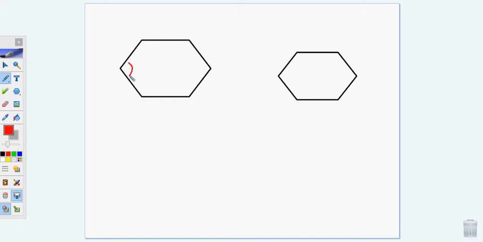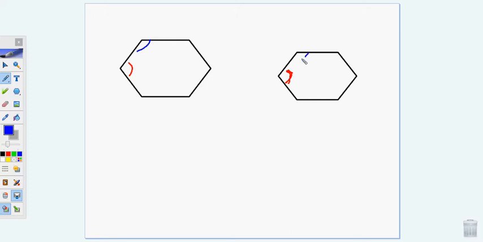So this angle has to be congruent to this angle. And I want to make clear, when I say all angles have to be congruent, I don't mean that all of the angles in one figure have to be congruent. I mean all of the angles that correspond in the other figure are congruent to the one in the original figure. Okay, so this angle is congruent to that one.